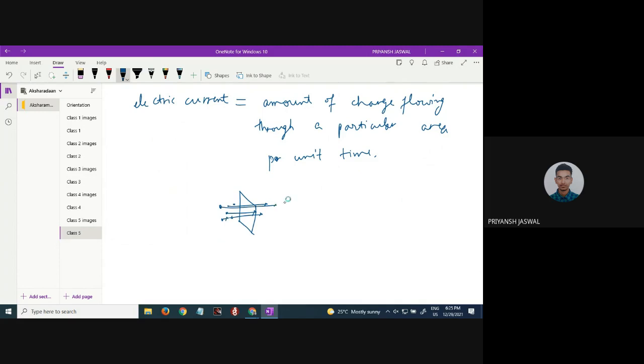So the number of charges that pass through this area in 1 second, suppose they constitute a total charge of Q, and in 1 second this much charge passes through this area. So the current here will be equal to Q divided by 1 second, that is charge per unit 1 second, so it will be Q itself.